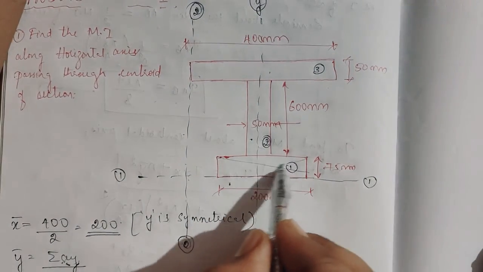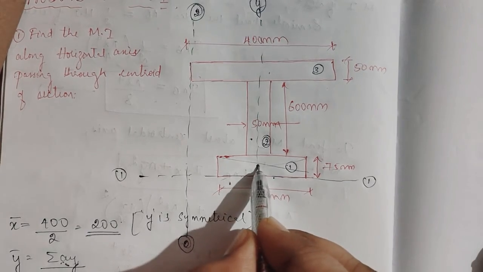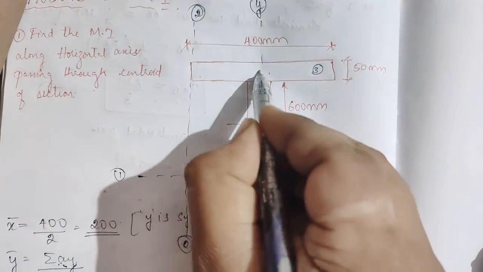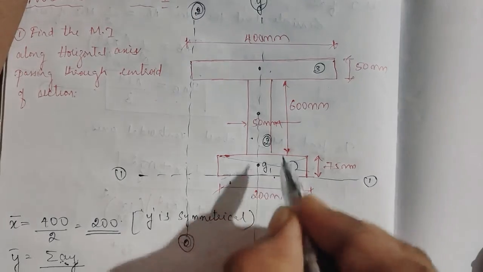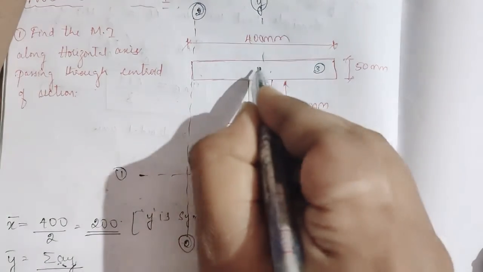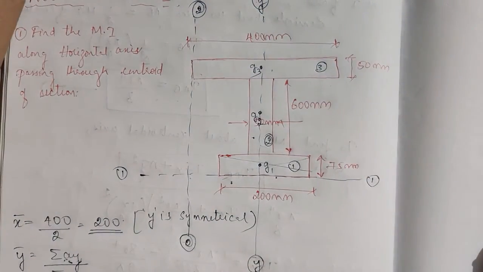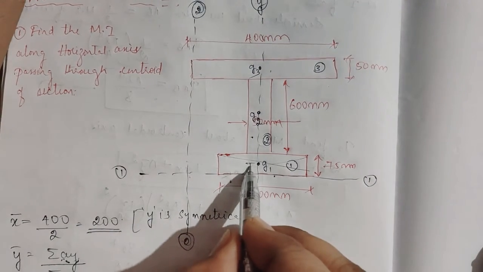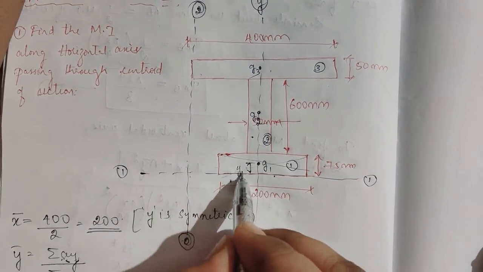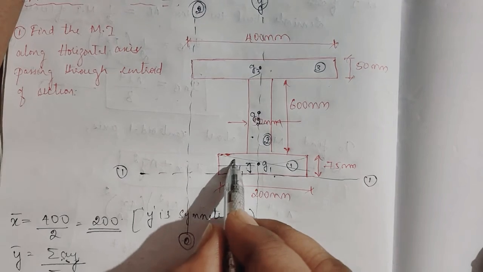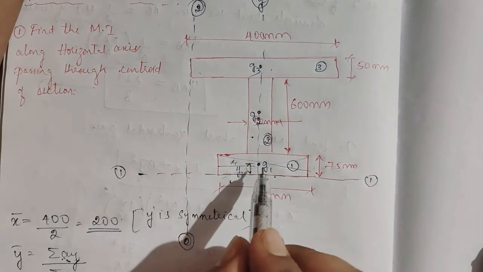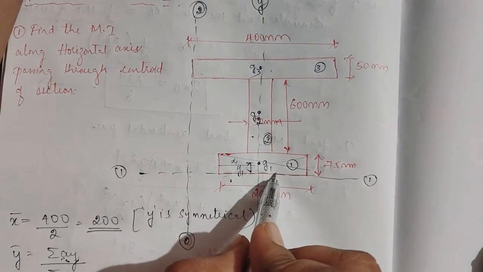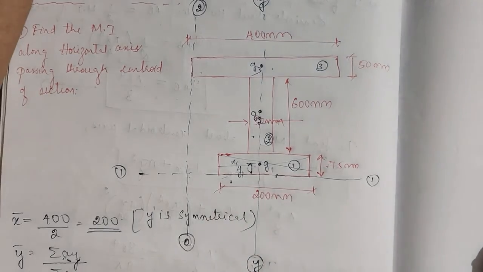So I know the centroid will come here, here and here. I'll take these as G1, G2 and G3. What I want is the distance: this is y1 and this is x1 for item number 1, same as we did in the centroid problem.